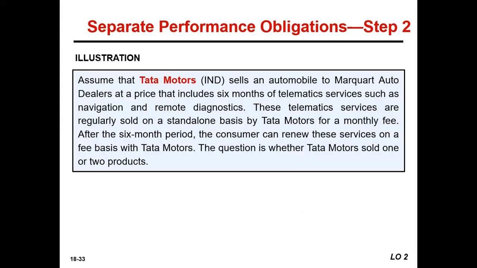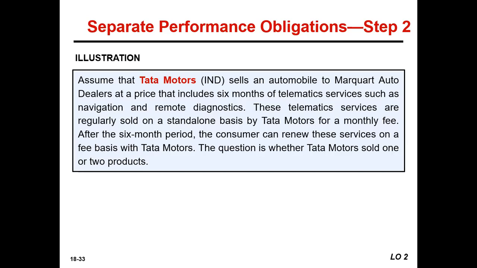Illustration. Assume that Tata Motors India sells an automobile to Marquardt auto dealers at a price that includes 6 months of telematic services such as navigation and remote diagnostics.